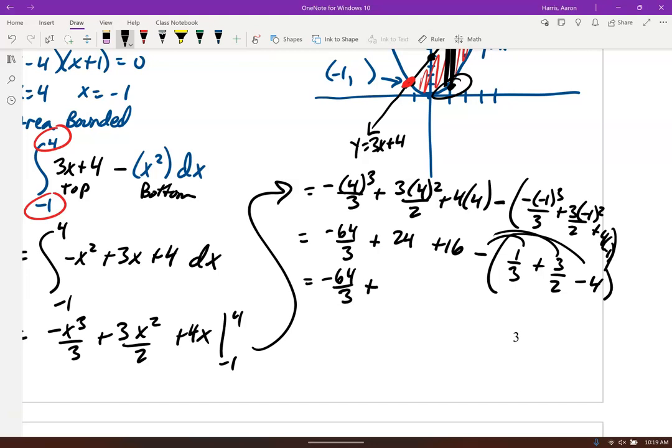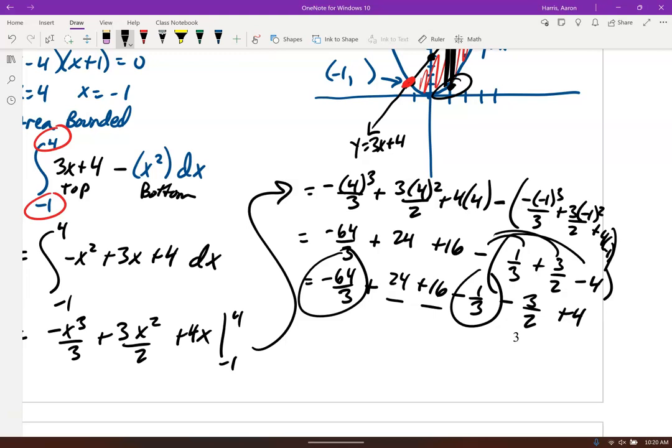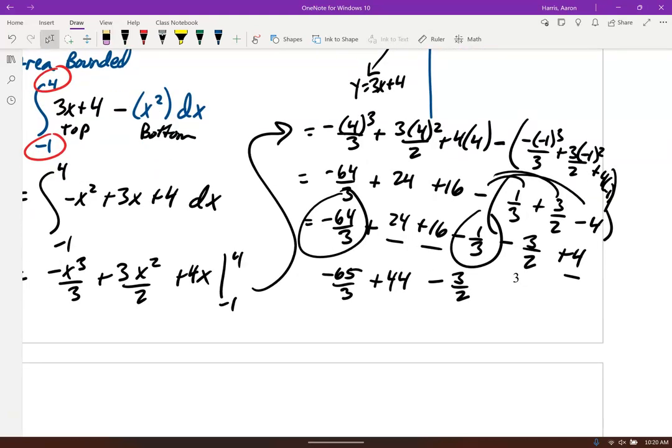20. Let me just write it out. Find those. 24, 64. Get a common denominator of 6.